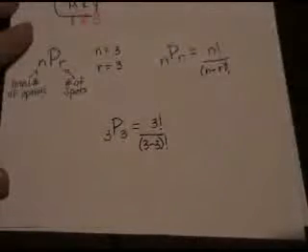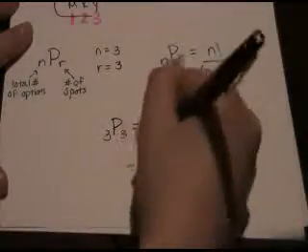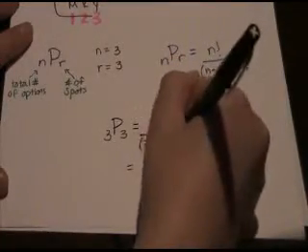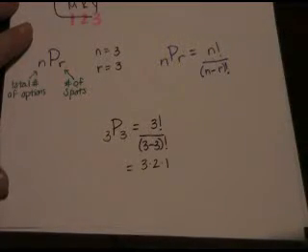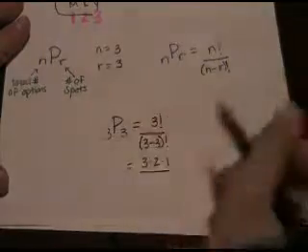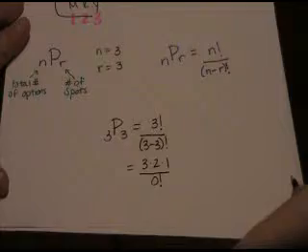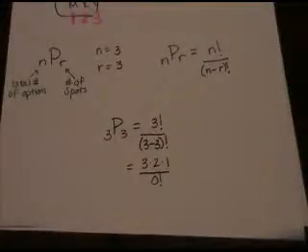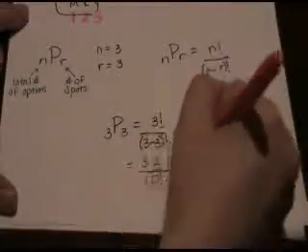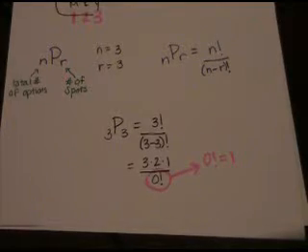Okay. When you've done that, go ahead, order of operations. We know that 3 factorial is 3 times 2 times 1. In the denominator, 3 minus 3 is 0. 0 factorial, and make sure to make a note of this, 0 factorial always equals 1.